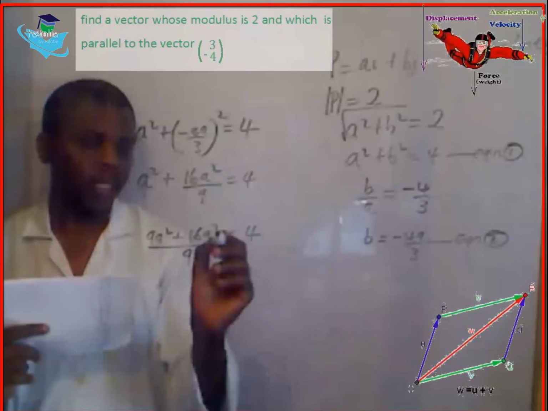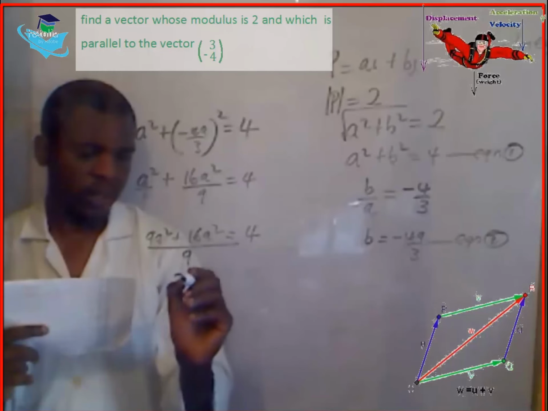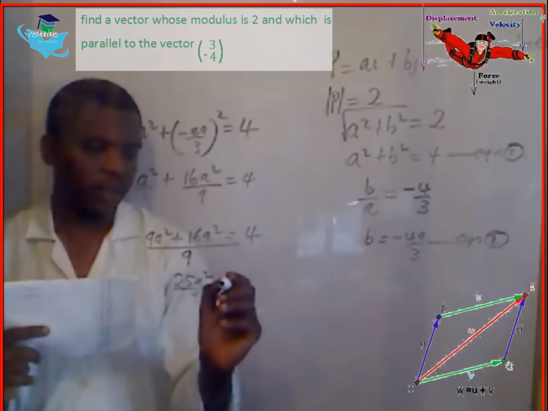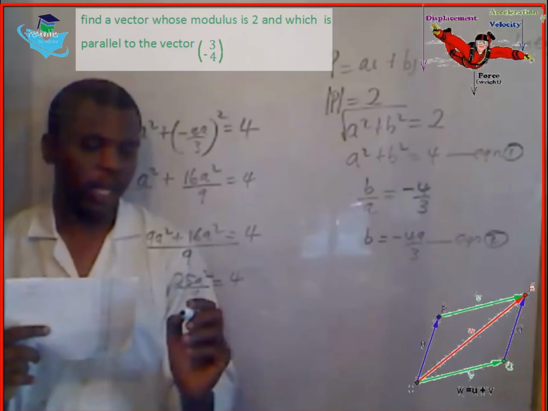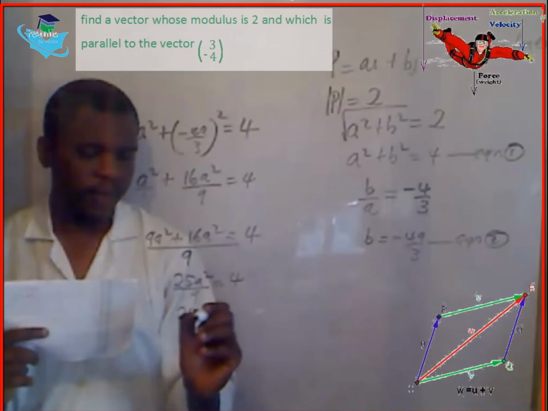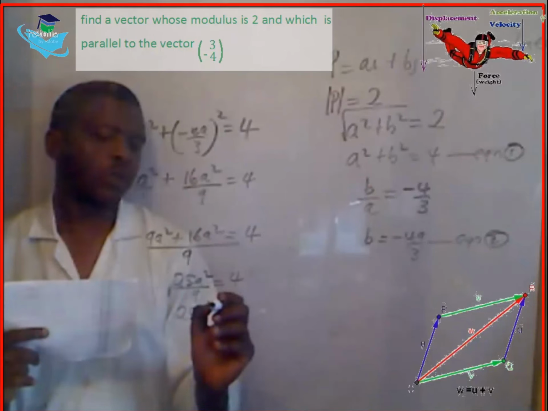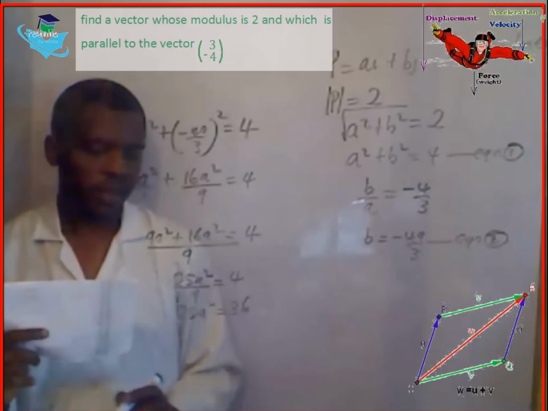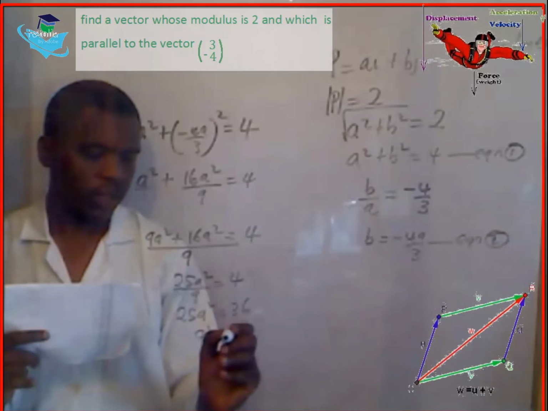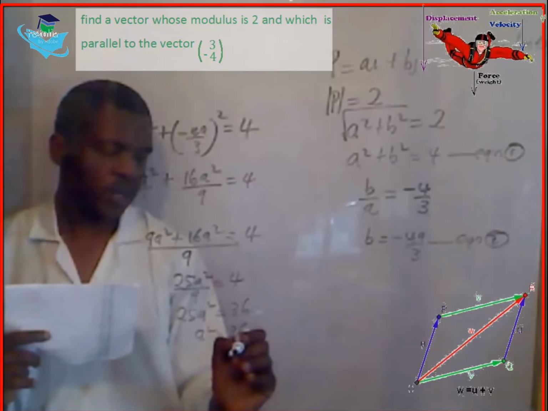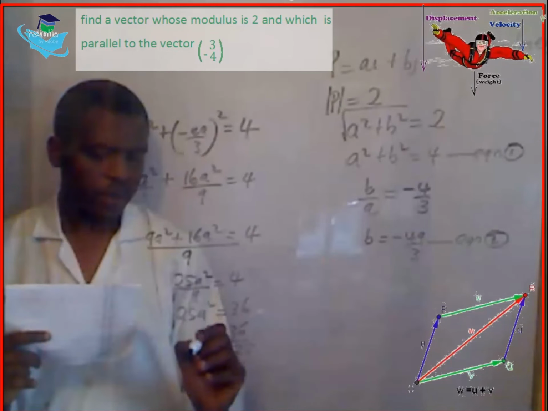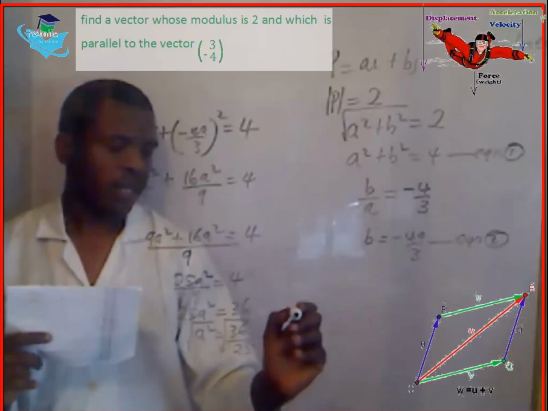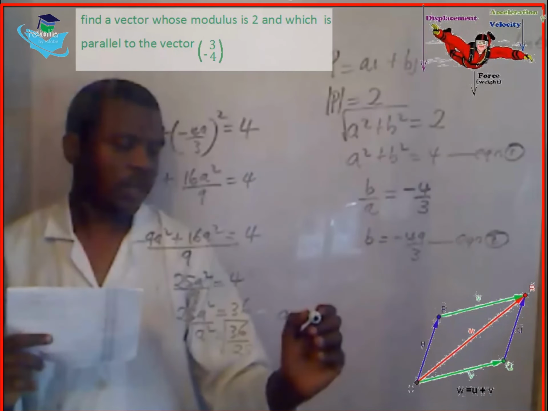Let's simplify this. 25a squared over 9 is equal to 4. I cross multiply. 25a squared is equal to 9 times 4, which is 36. So a squared is equal to 36 over 25. I take the square root on both sides. a is equal to 6 over 5.